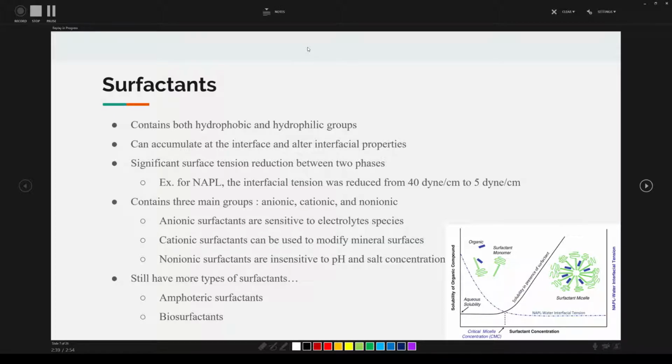Because of the increase in solubility, all the organic compound will be attached to surfactants and then will be extracted with the flushing solutions to the upper facilities to be further treated.